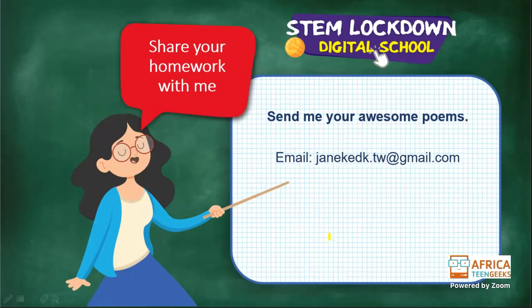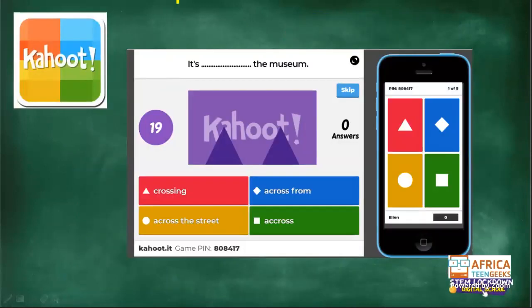Okay, now before we go, remember I said on Friday, we are going to play Kahoot. This is what it looks like. Now you remember I said, if possible, you need 2 devices because this part will be on the screen, on the slideshow.